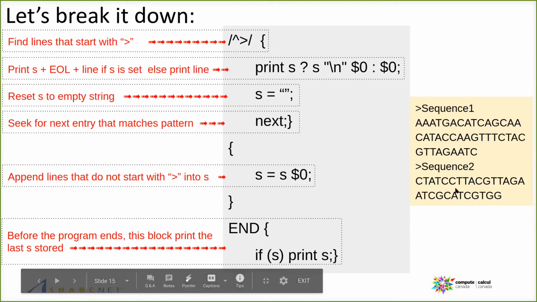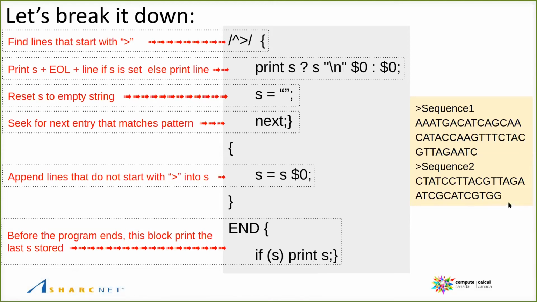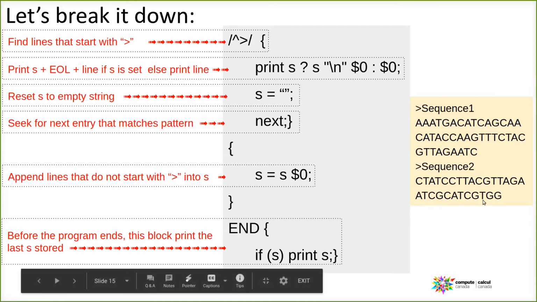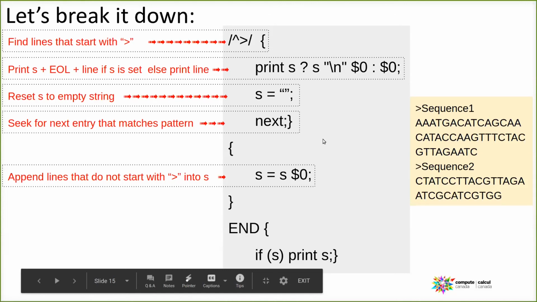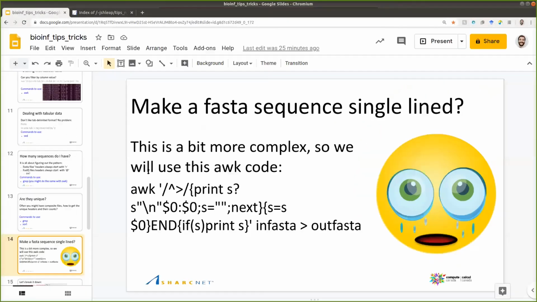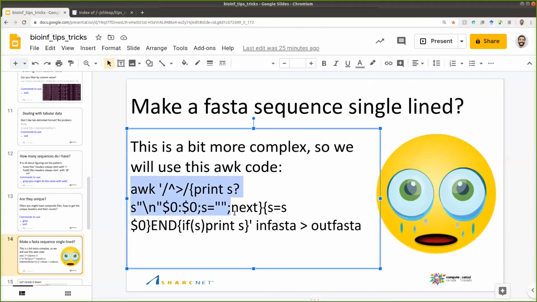This is the case in which the last sequence will not have a block to print, so I need to print s right there. So this is basically what it does. Now let's see if it works. I'm lazy, so I'm just going to copy and paste it because it's quite long.